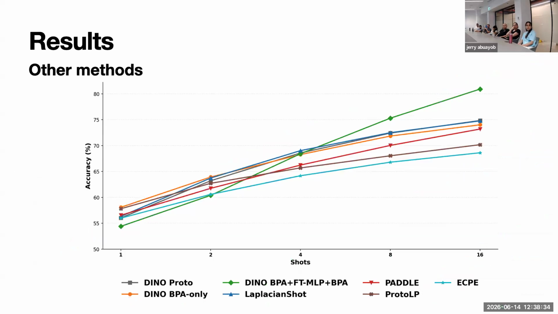Okay. So over here we have comparisons with other transductive methods. Some of these are very recent actually. And still we can see that the single BPA transform has very good performance on low shot regimes, and on higher shot regimes, our fine-tuned adapter method has the state of the art for now.